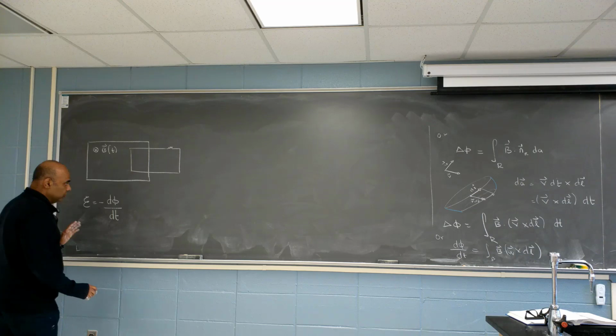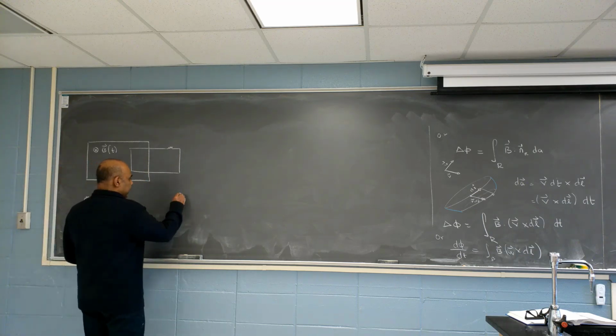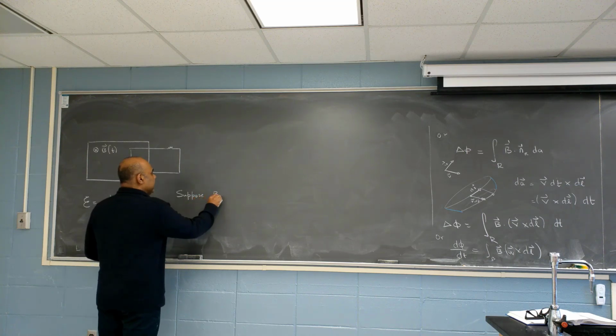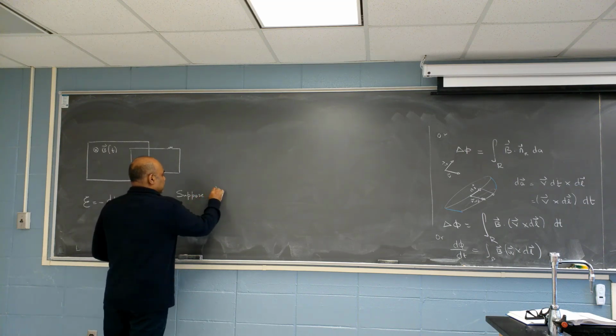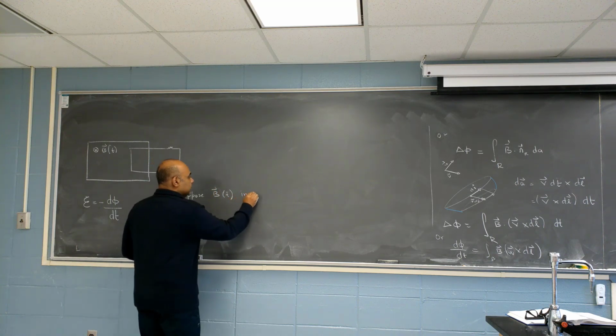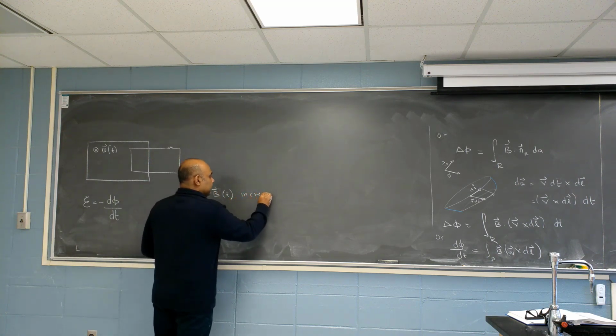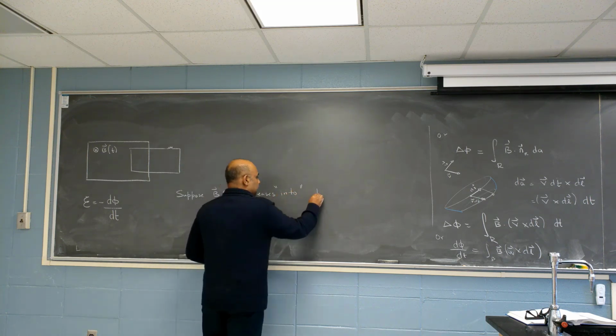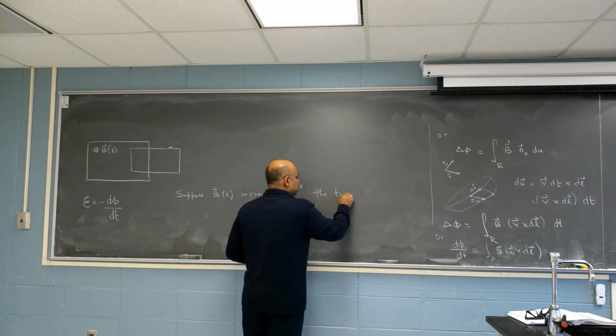So let's do this, and I'll draw the diagram accordingly. Suppose B of t increases into the board.